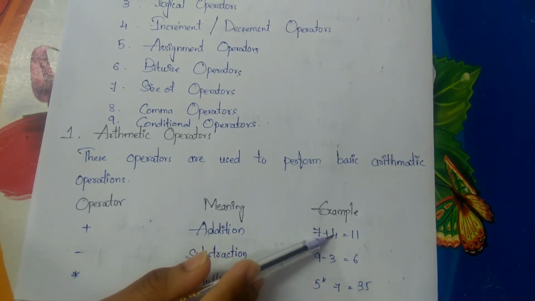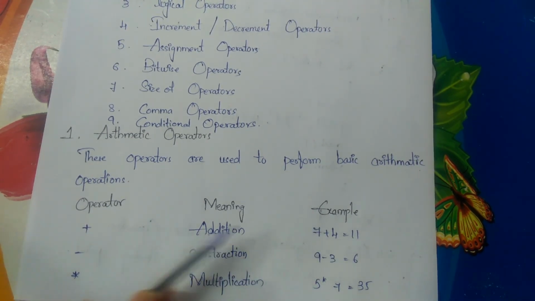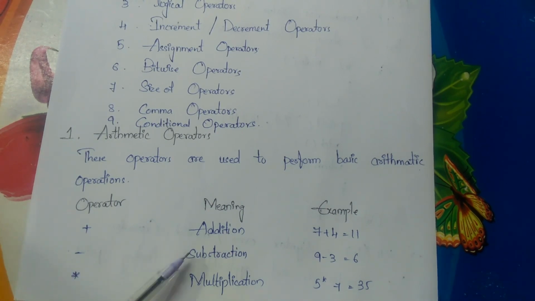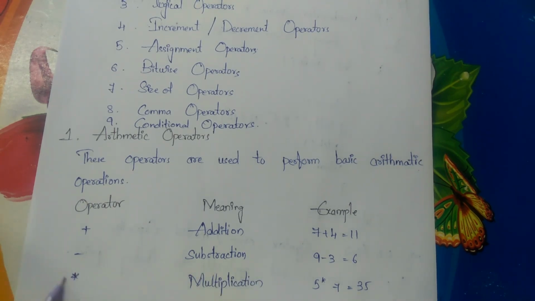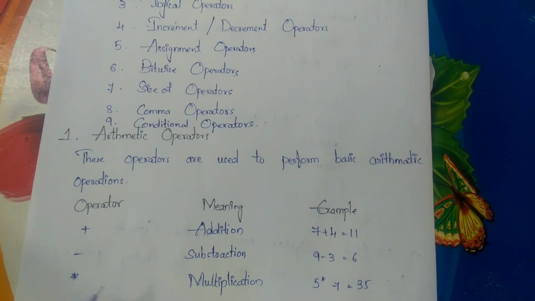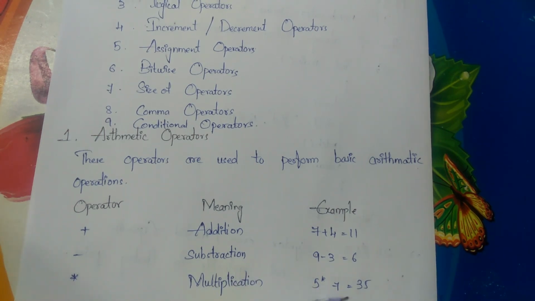For example, 7 plus 4 is equal to 11. The minus symbol is for subtraction, and 9 minus 3 is 6. And into, which we call an asterisk, is used for multiplication. For example, 5 into 7 is equal to 35.